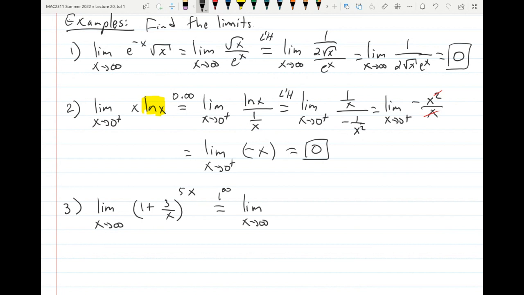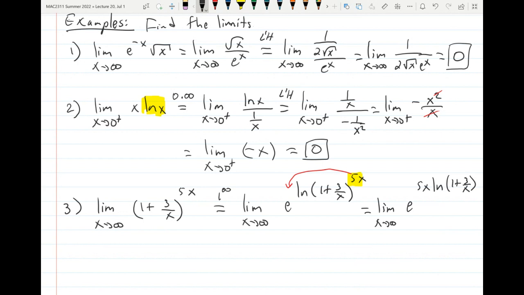So the trick is that we write this as e to the ln of (1 plus 3 over x) to the 5x. And remember, the idea for doing this is because now we can take this exponent and bring it down to the front. Okay, so this becomes the limit as x approaches infinity of e to the 5x times ln of 1 plus 3 over x.